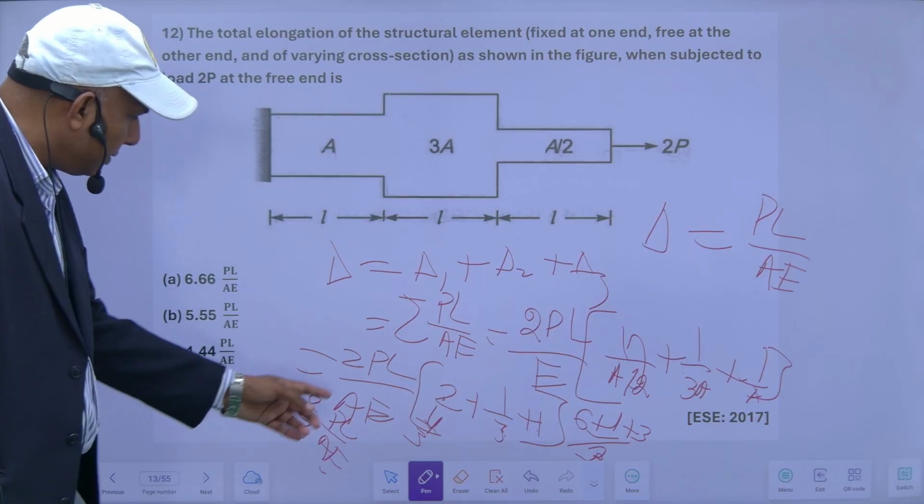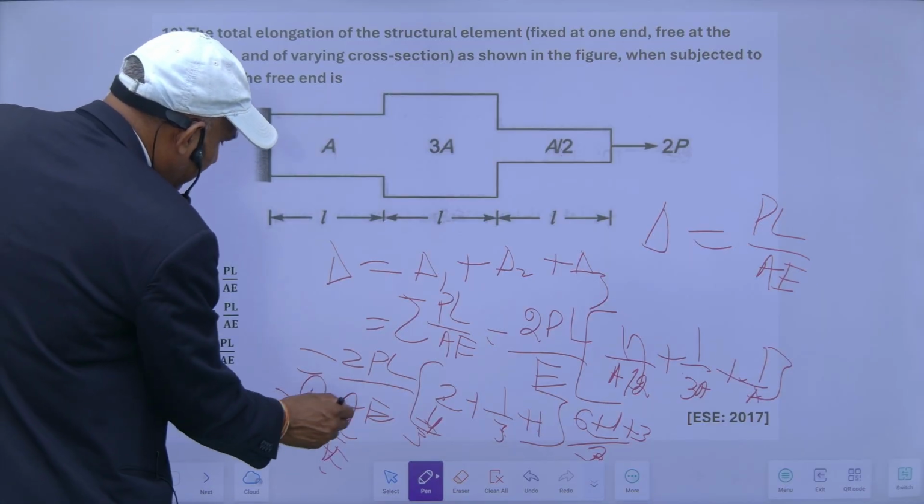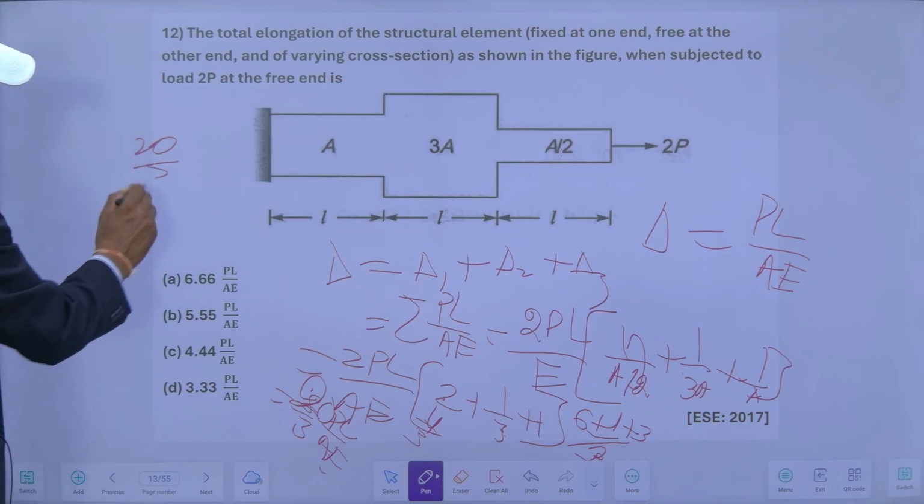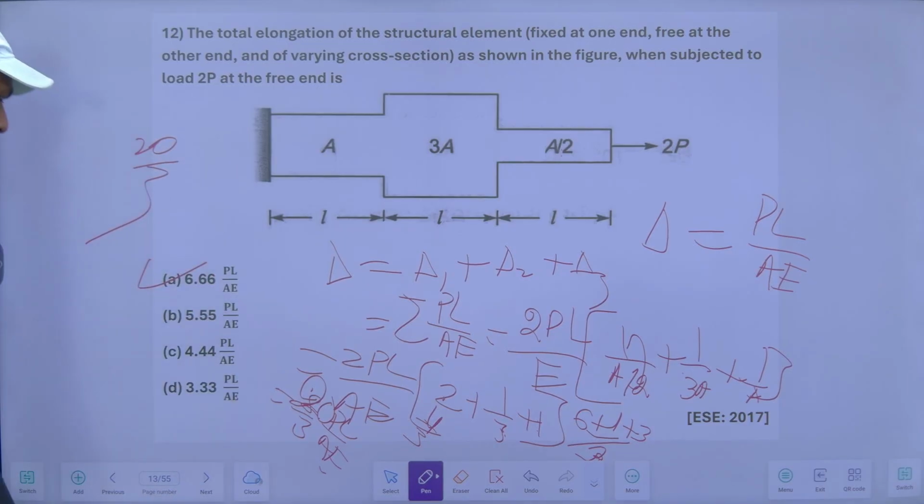So 10 by 3 into 2 means 20 by 3. So 20 by 3 means 6.66. So this is the answer.